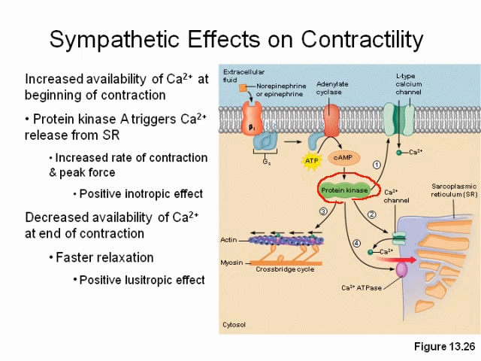Protein kinase can be phosphorylating regulatory proteins that are associated with actin. It can open up the L-type calcium channels, allowing more calcium to come in. It can increase the activation of calcium channels to make them more sensitive to the depolarization.